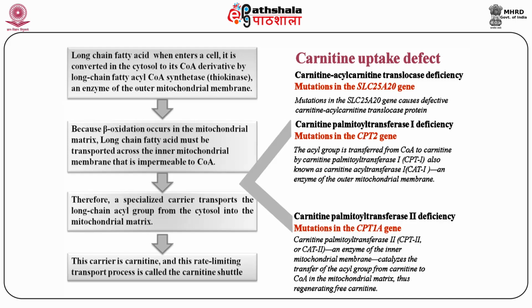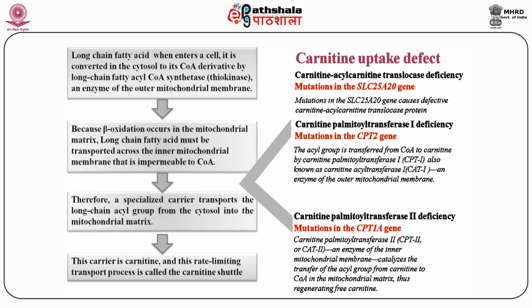We can see here that long-chain fatty acid, when it enters a cell, is converted in the cytosol to its coenzyme A derivative by long-chain fatty acyl-CoA synthetase or the thiokinase. It is an enzyme of the mitochondrial membrane.